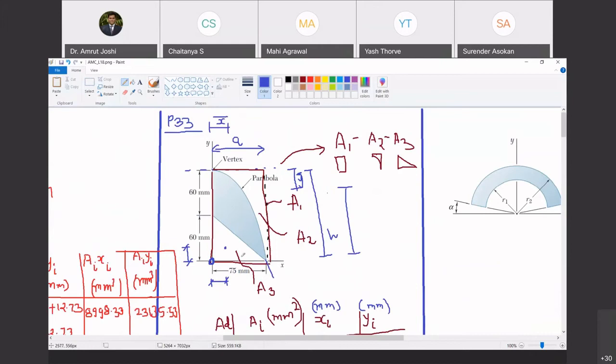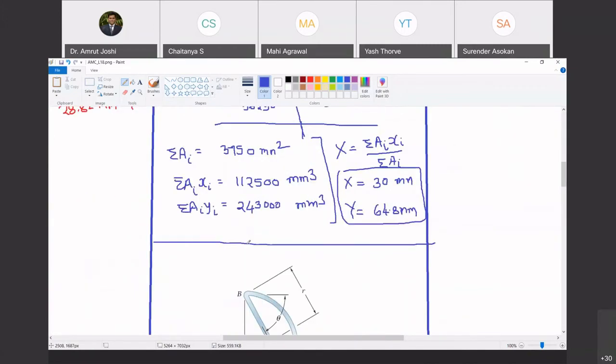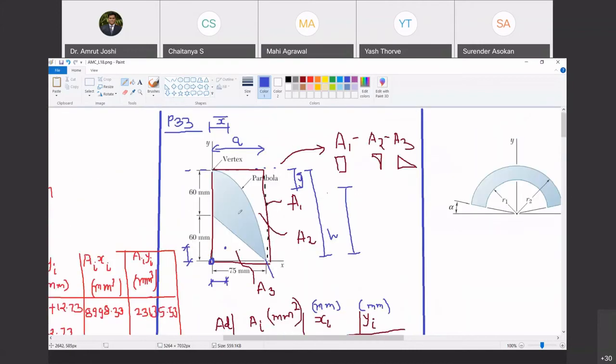Rectangle का centroid कहाँ पे था? 37.5 पे. Are you with me? Yes, sir. 37.5 and 60 पे था. Now, as more area is concentrated on the upper side, it is expected that the centroid will shift up compared to the centroid of the rectangle, and as more area is concentrated towards the origin, it is expected that the centroid will shift towards left, and that's what has happened.